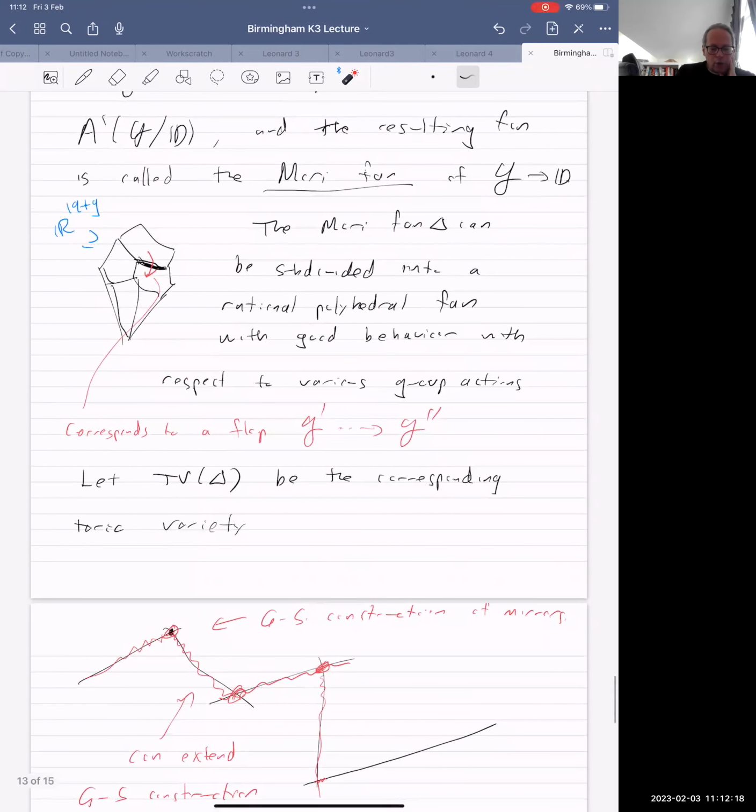When we go between cells, between cones, we're doing flops, which we understand. Analysis of flops for degenerations of K3 surfaces has been known since the work of Kulikov in the 80s, I think. And what we do is we just understand how our construction is affected by each of the types of flops that can occur in that case.